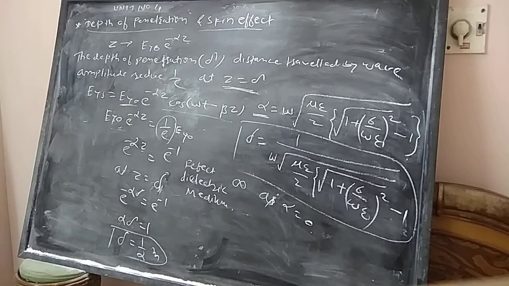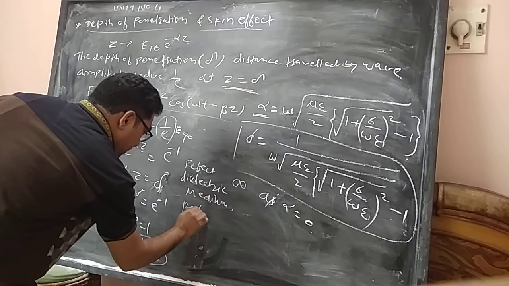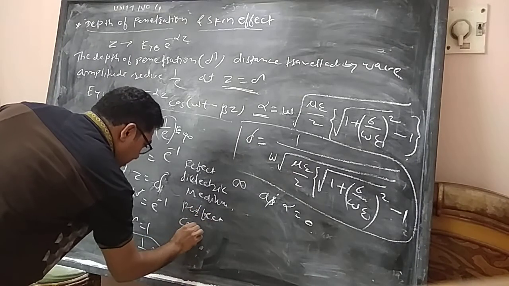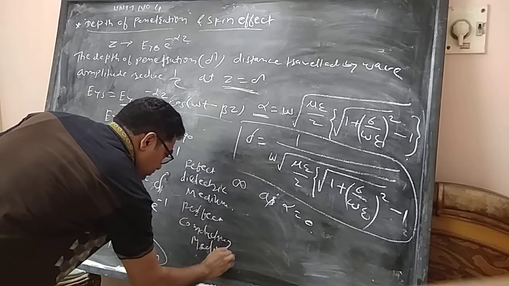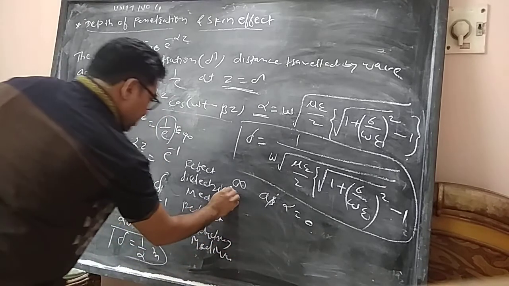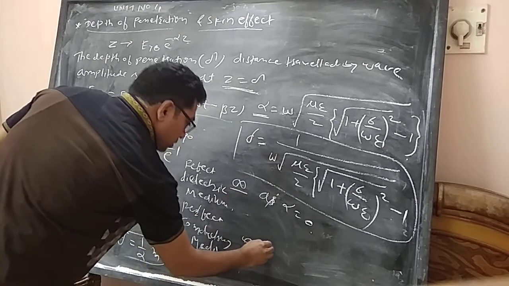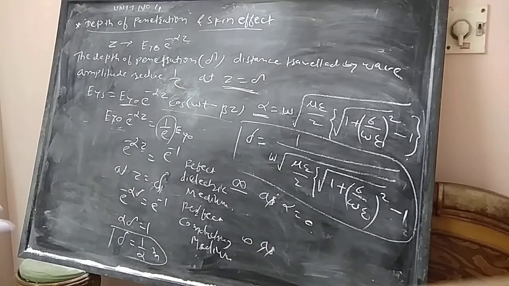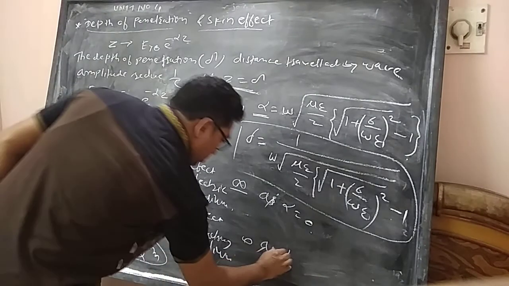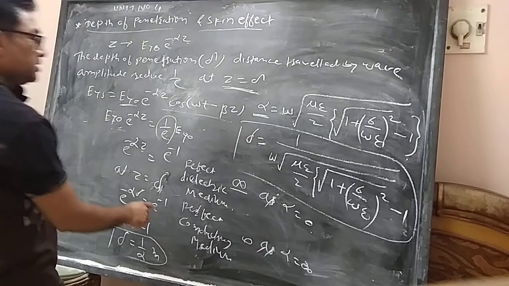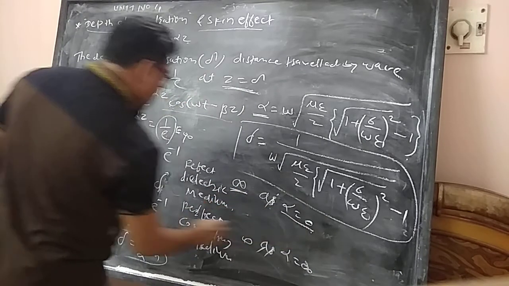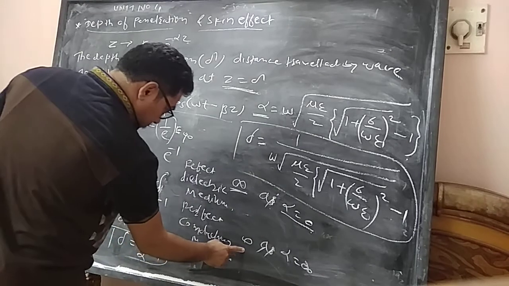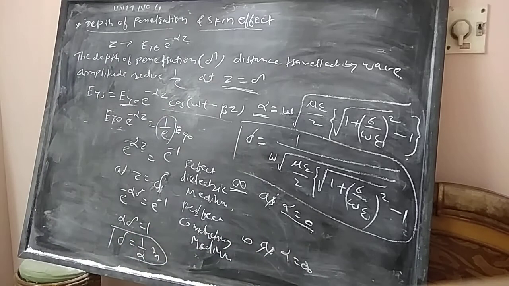And for perfect conducting medium, the depth of penetration is 0. Why 0? Because alpha equal to infinity. So the difference is, for perfect dielectric medium, the depth of penetration is infinity as alpha will be 0, and for perfect conducting medium, the depth of penetration is 0 as alpha equal to infinity.